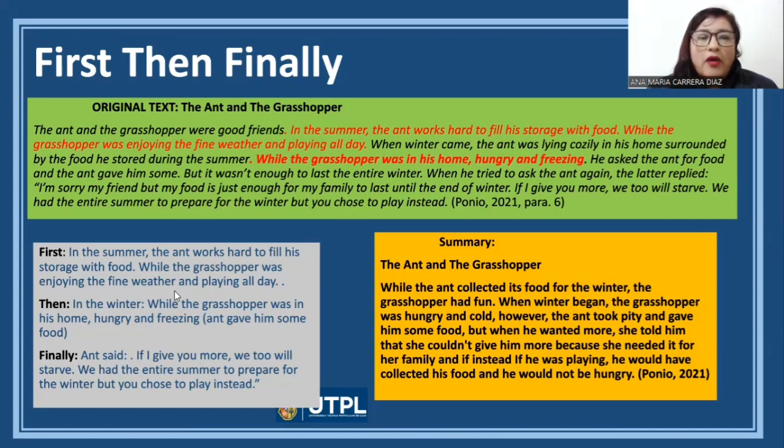And in the left box, I have placed, according to chronological order, what happened in the story: first, then, and finally. And in the right box, we can see I put together the summary with the help of the answers to the questions. For example, what happened first? I put, in the summer, the ant works hard to fill his storage with food. And in this part, I put this answer.